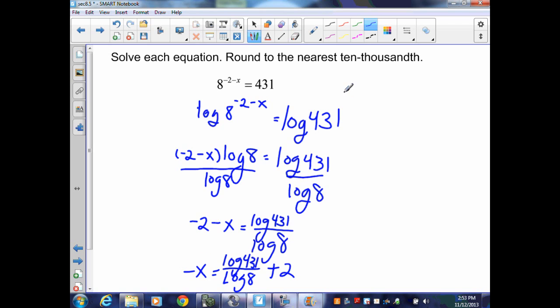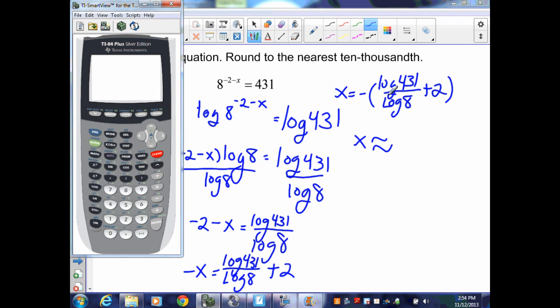Therefore, x will equal a negative times the quantity of the log of 431 over the log of 8 plus 2. So what I can do is plug this quantity into the calculator and then just multiply it by a negative 1, and that will result in an approximation for x. So let's plug in our quantity.